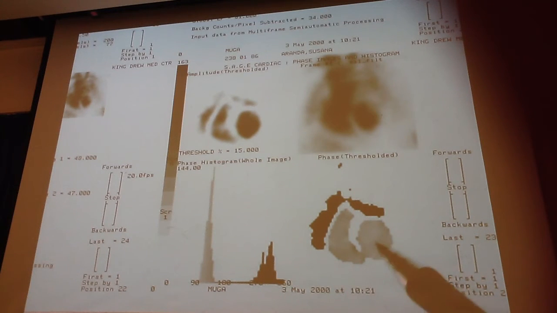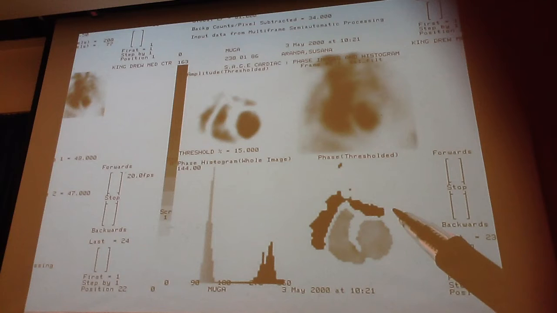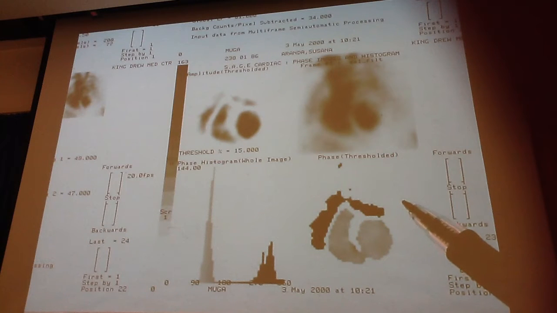So if I saw any black marks in here, that means that that part of the heart is beating out of phase. It's what they call paradoxical motion. Paradox means that it's doing the opposite of what it should be doing. So instead of contracting, it may be bulging out. And that's typically what happens when you have a myocardial infarction.